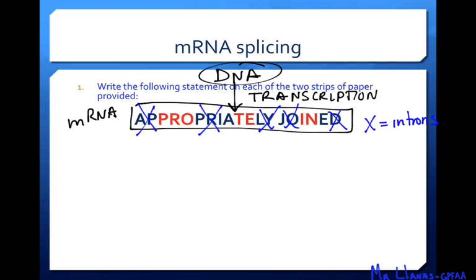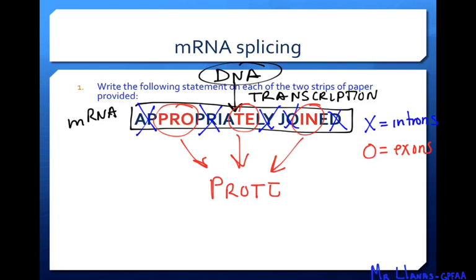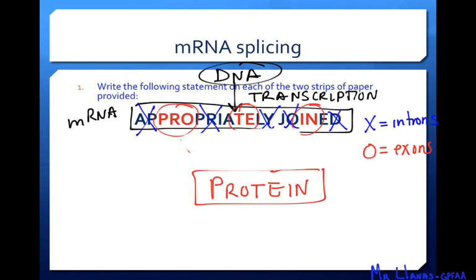And the other ones that are left, the ones that are circled, and we use our key, circle equals exons. Exons are put together again, and if you put this together, they make the word protein. Those are the ones that are actually used to make proteins.